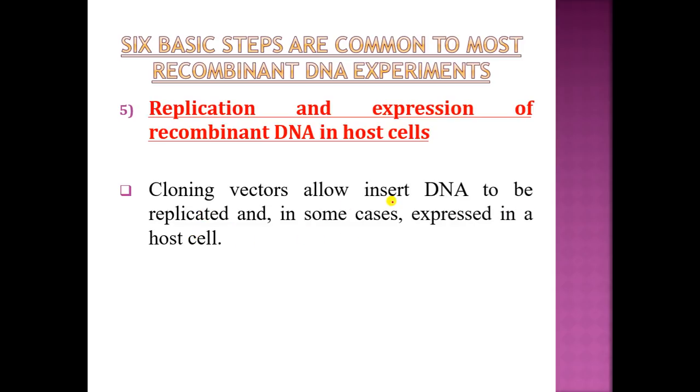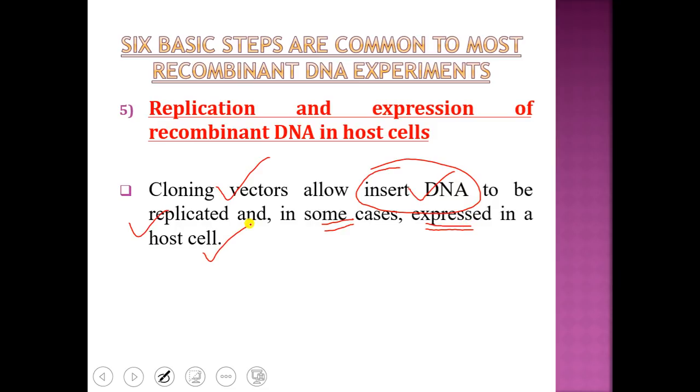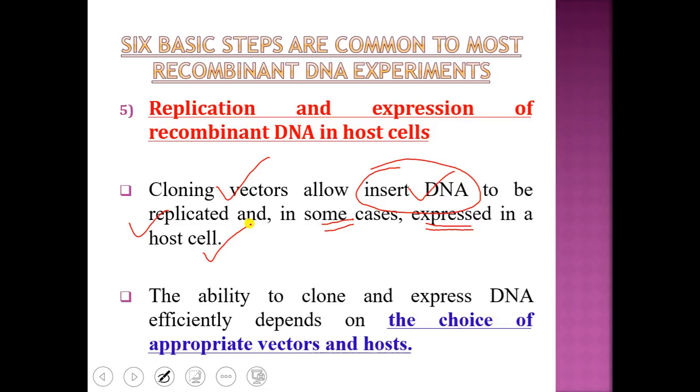So whatever the target DNA we have inserted through the vector, it will replicate in some cases, so we get copies of that particular DNA, the insert DNA, or it may undergo expression, that is called genetic expression, in that particular host cell, and we will get protein.